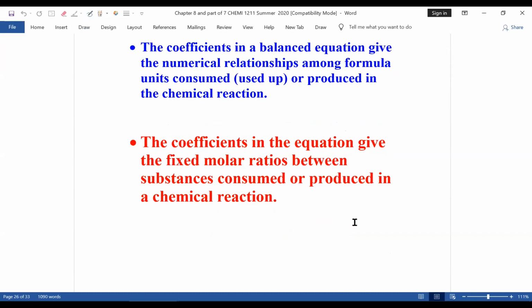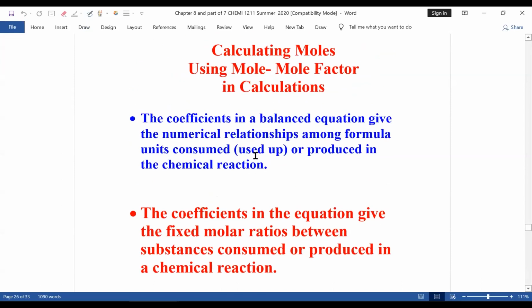Again, the coefficients give you molar ratios, fixed molar ratios. So what does that mean? I'll never ask you what the coefficients mean, but I will ask you to know how to use that.